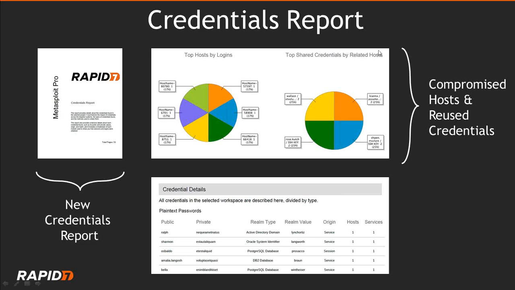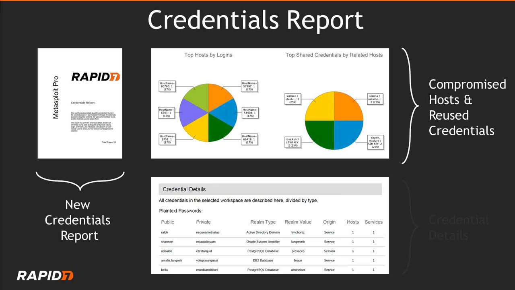And then you've got another view, which is the top shared credentials by related hosts. So for example, if you have a local admin password that you share across all machines, that would really show up here and light up like a Christmas tree and show you that this introduces a big risk in your environment that you should probably get ahead of and handle.